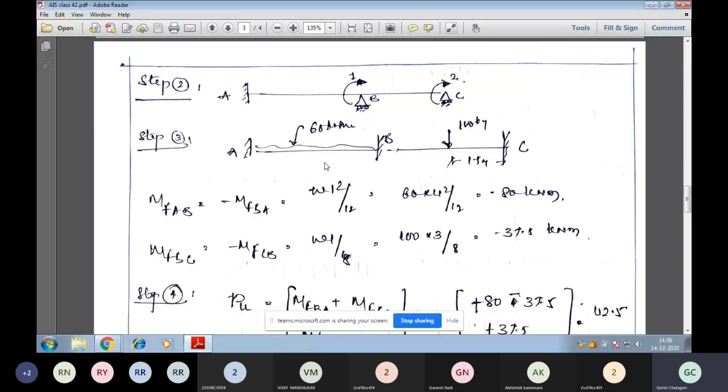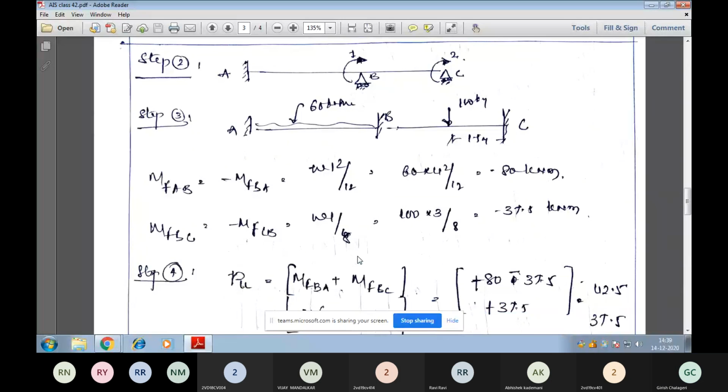Step 3, splitting individual members as fixed end moments subjected to the external loads. For that, we find the fixed end moments at individual joints. Member AB is considered, we get moment at A and moment at B. Similarly, consider member BC, find moment at B and moment at C. In this fashion, we calculate the moment at every end.